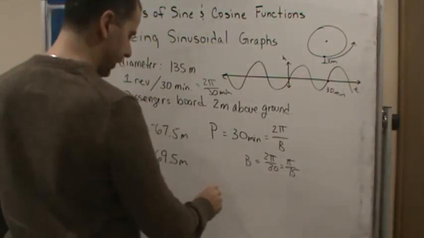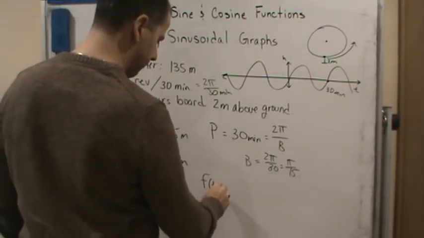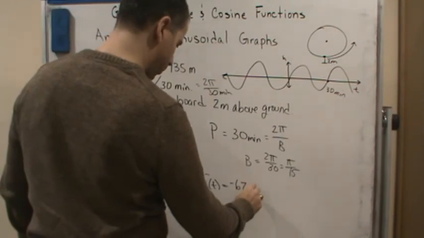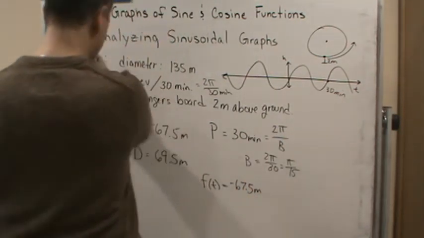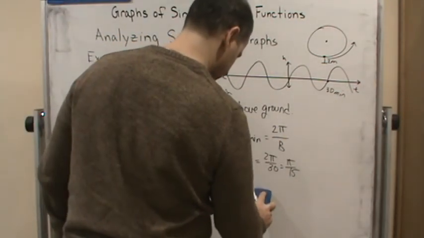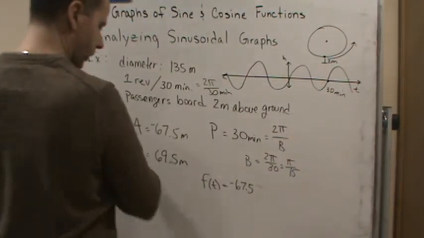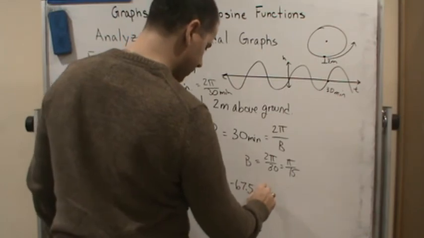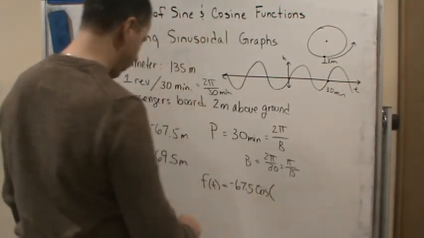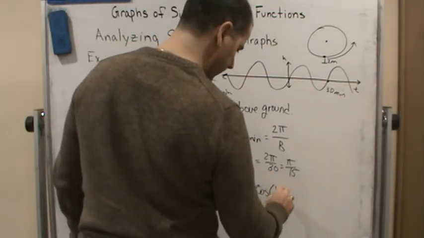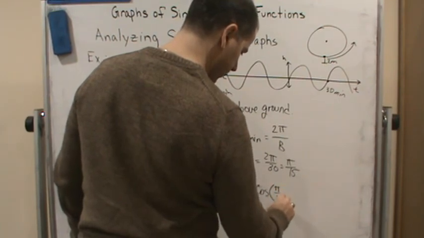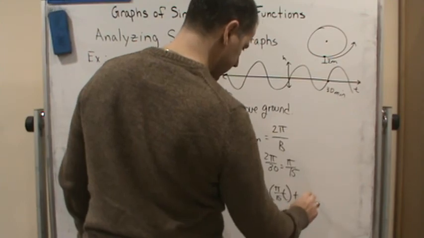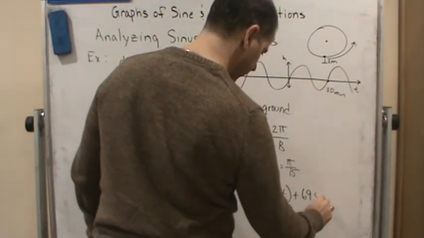So the function of time is represented by negative 67.5 meters, and the units are in meters, times cosine of pi over 15 t, plus 69.5.